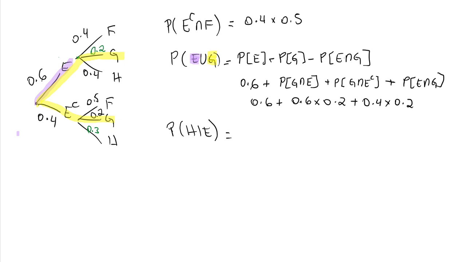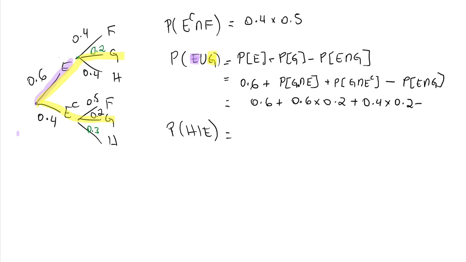And this symbol here is a subtraction. Okay, so which number is the subtraction? Well, I have to subtract E and G. So I have to subtract this branch again.